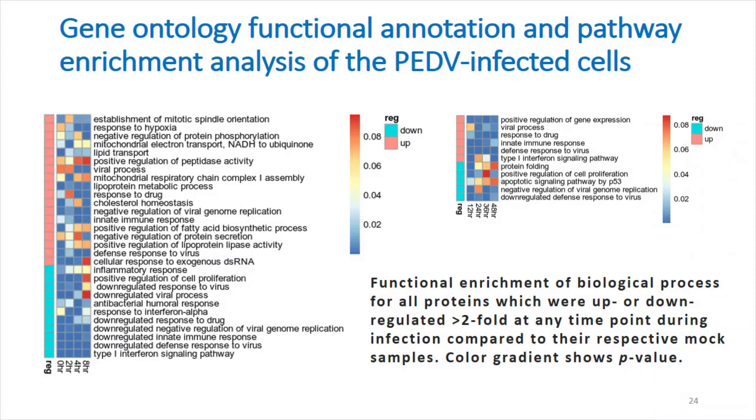For example, here you can see that the type 1 interferon signaling pathway is downregulated, and you can see here another hit, which is cellular response to exogenous double-stranded RNA, this red one.